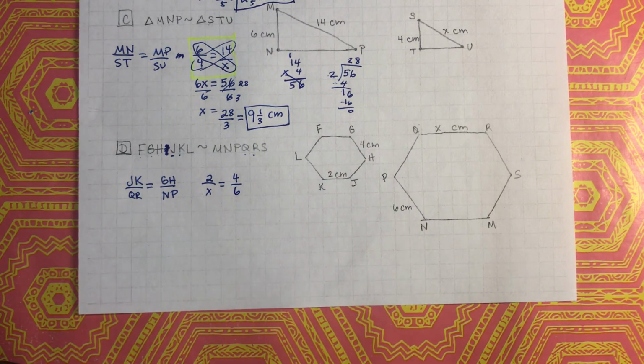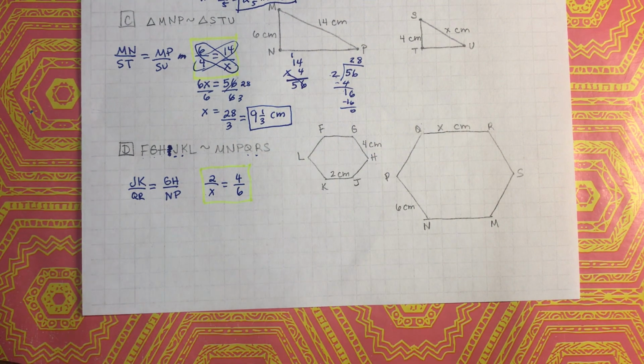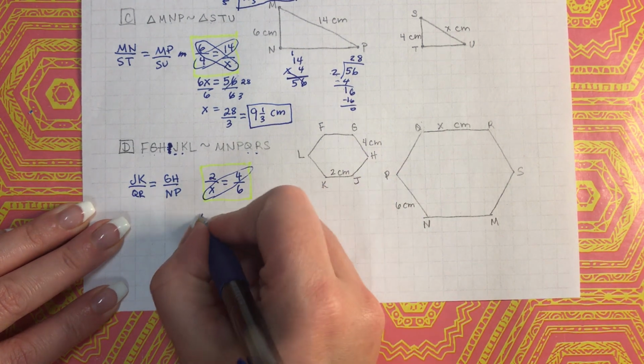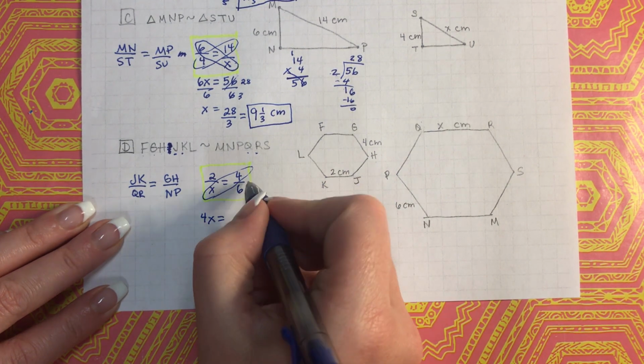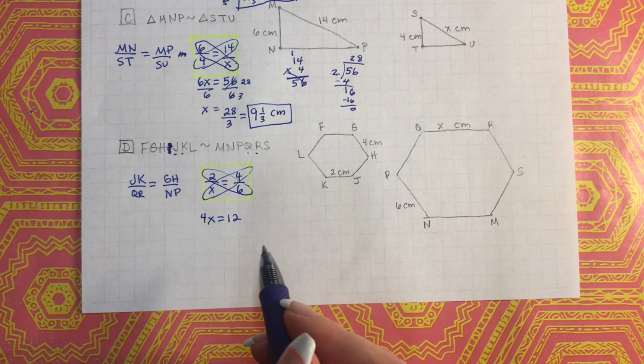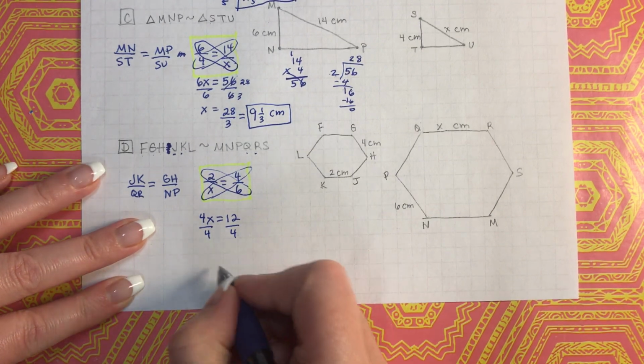Hopefully you got this. If not, change your notes so that they have the right information on there. And then we're just going to do the cross products property. 4 times x, or 4x, is equal to 2 times 6, which is 12. And then we get x by itself, which means we divide both sides by 4.